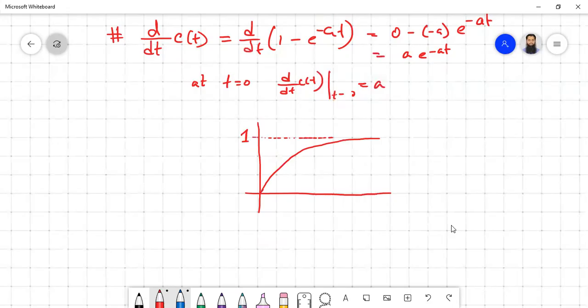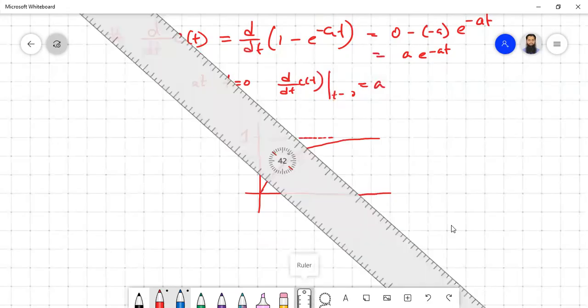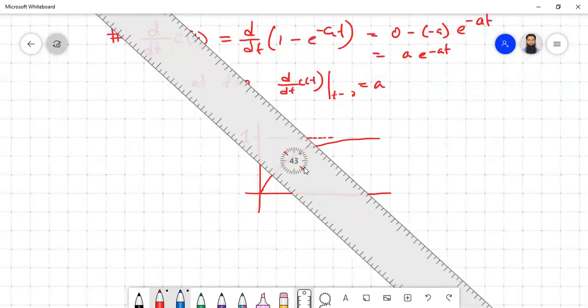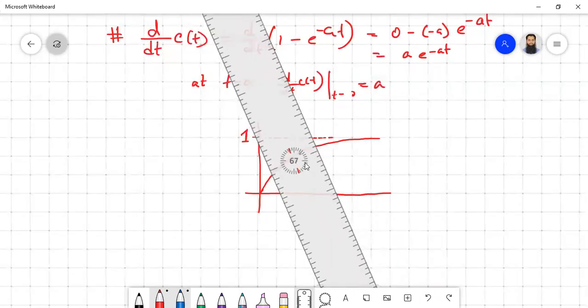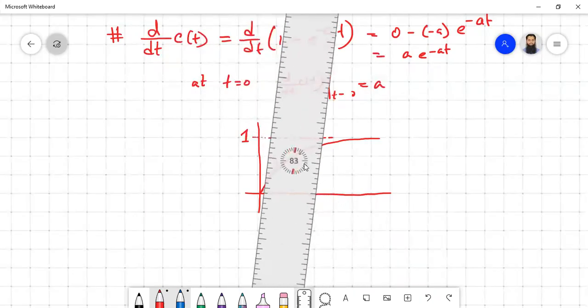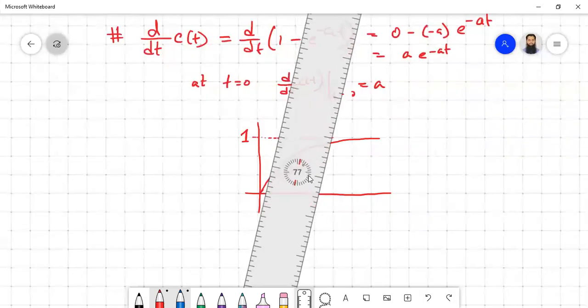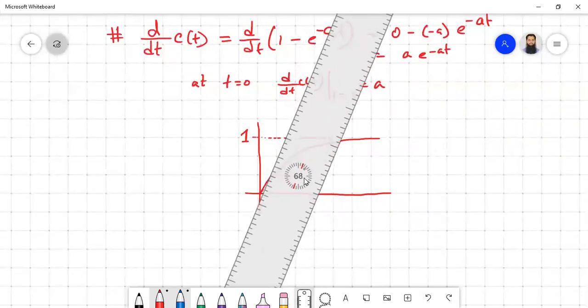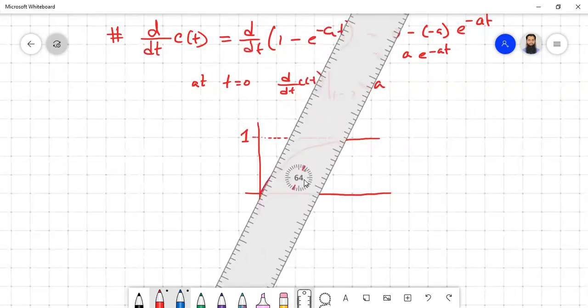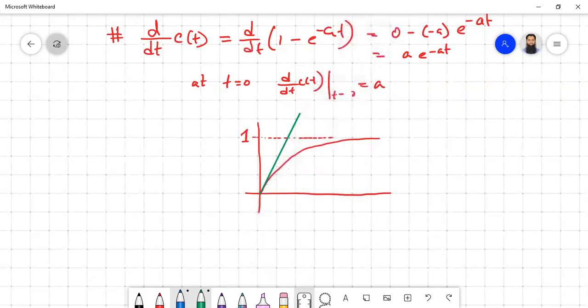If you draw the initial slope of this curve Ct, whatever slope you get, approximately of course, will give you the value of a.